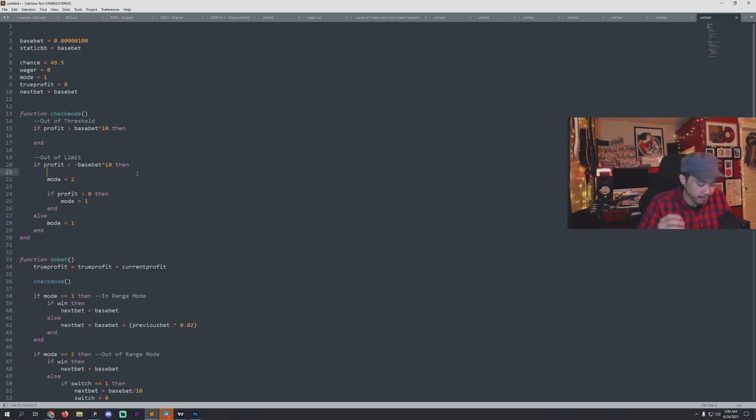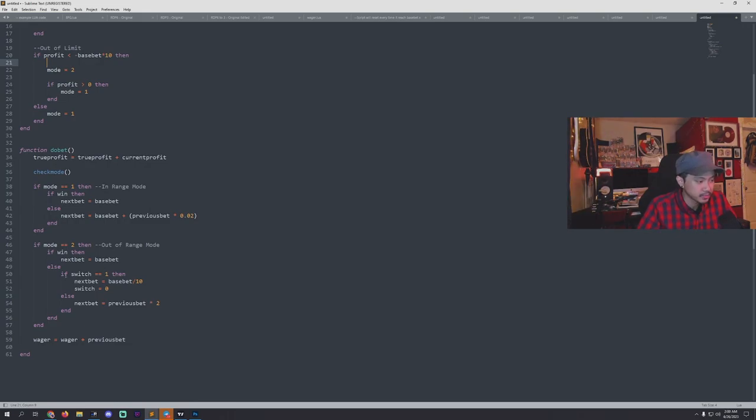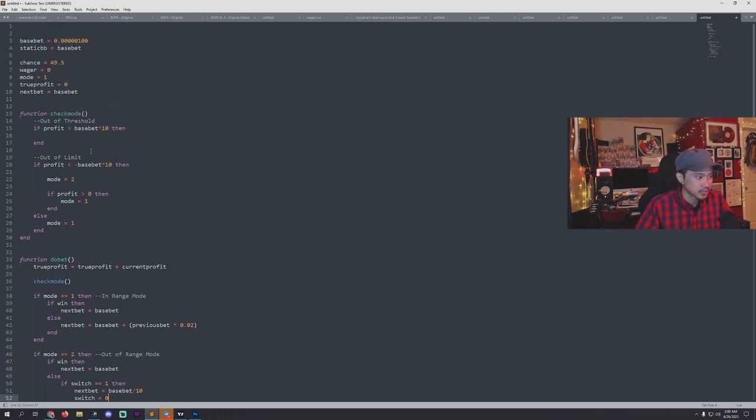Now remember what I said. Remember this switch here? I said that if it enters out of the bottom limit, minus 10%, the first time it enters in there, it needs to have a switch to be divided by 10. And this is where we can define that switch.